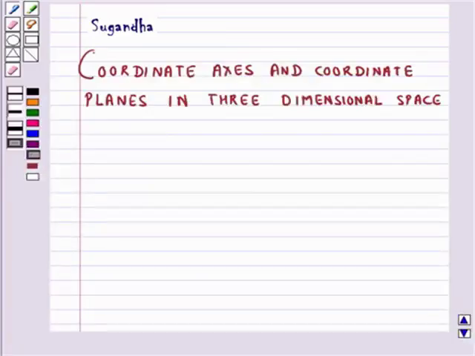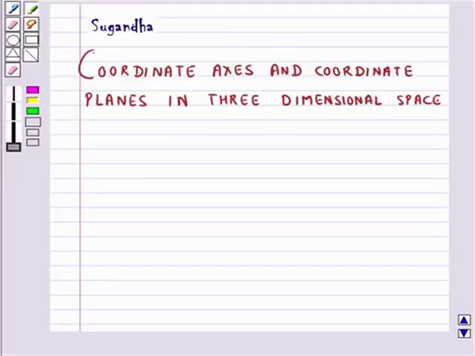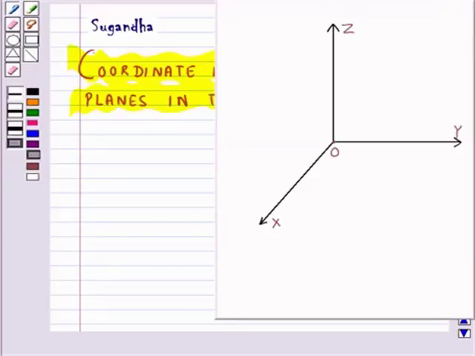Let's start. Hello and welcome to the session. In this session first we will discuss coordinate axes and coordinate planes in three-dimensional space. In three dimensions, the coordinate axes of a rectangular Cartesian coordinate system are three mutually perpendicular lines.